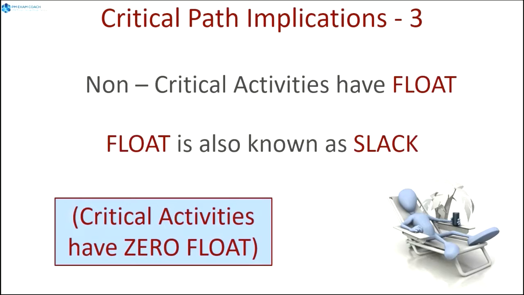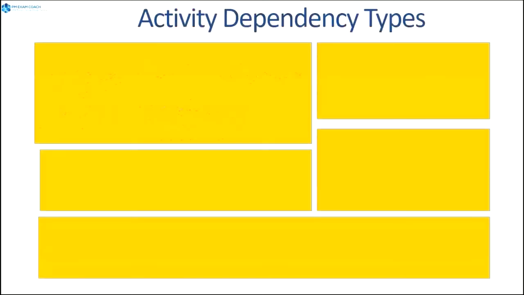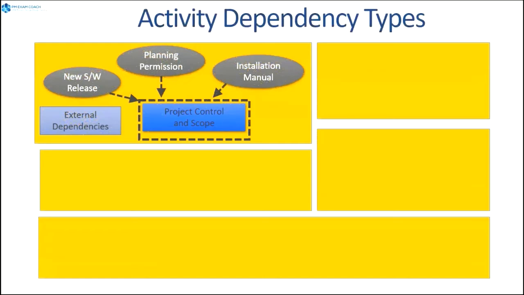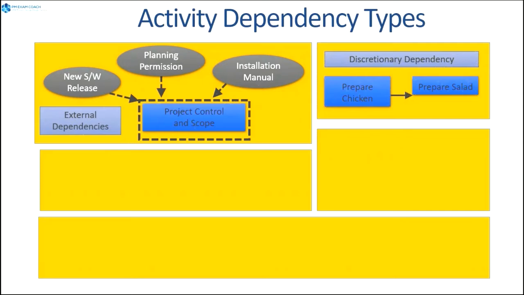Let's get into some of the dependency types that we see between activities. For example, there could be external dependencies to your project as you're trying to control the scope. Maybe there's been a new software release, or you have to go before the planning board or look at an installation manual. We also have discretionary dependencies.